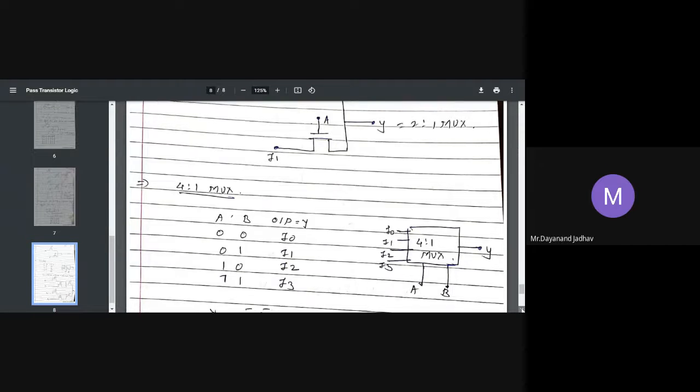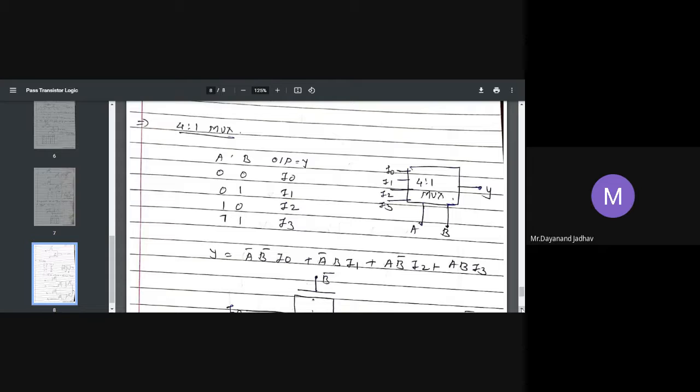Then the 4 to 1 mux, how is it done using pass transistor logic? A and B are the select lines, output is Y. If suppose there are four inputs, it means two select lines are there, A and B. This is the generalized part of the 4 to 1 mux.